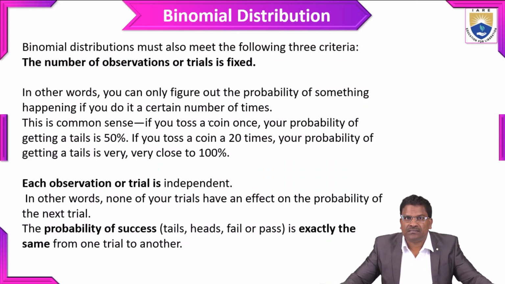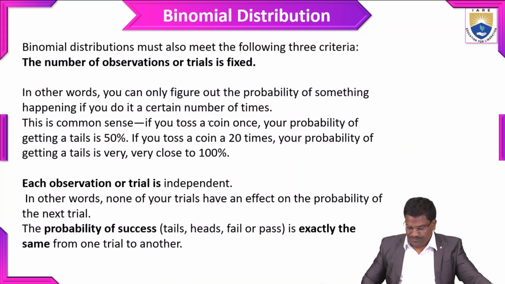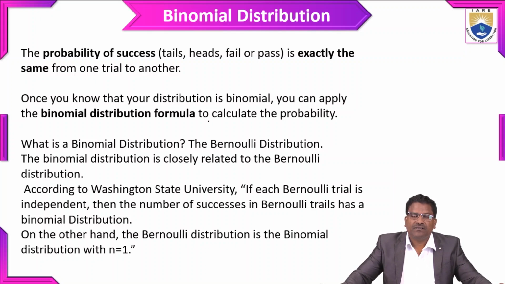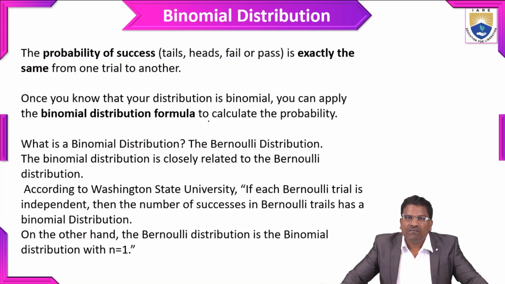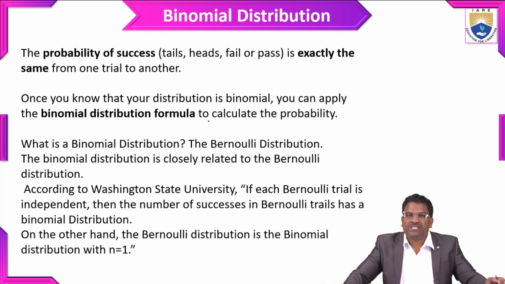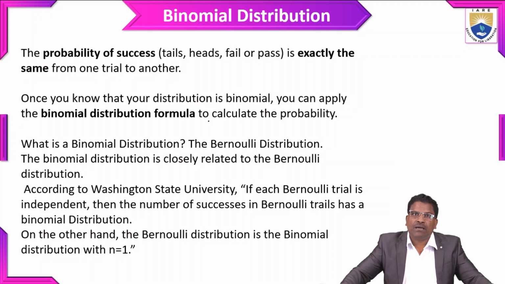Now, there is nothing else. So, the probability of success is exactly the same from one trial to another. Once we know that our distribution is binomial, we can apply the binomial distribution formula to calculate the probability.